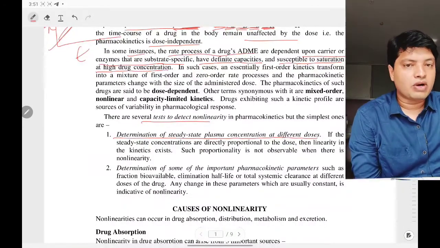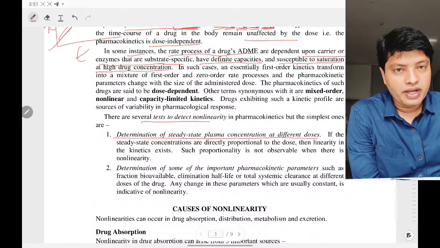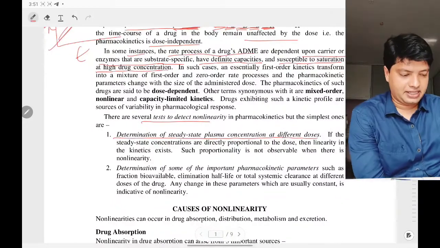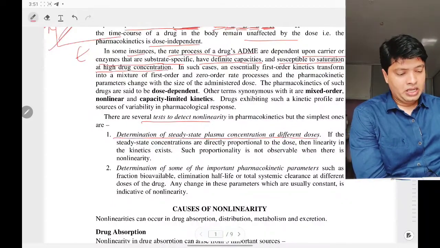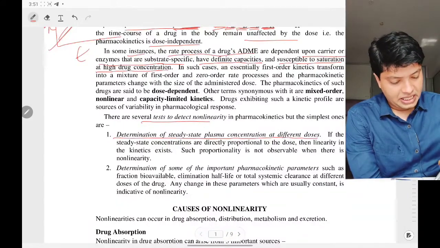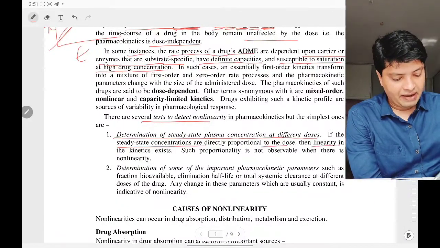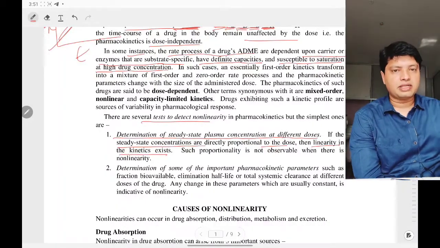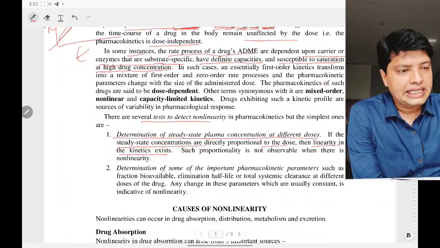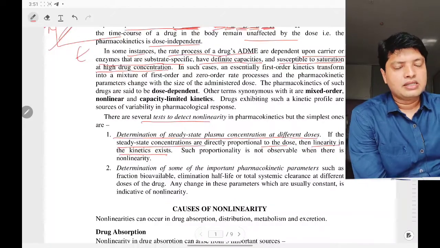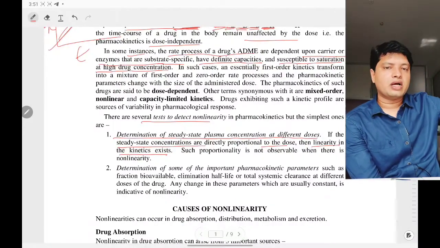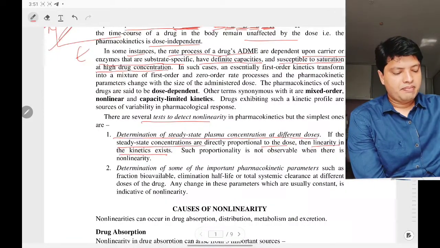This is your steady state plasma concentration when the drug is following linear pharmacokinetics. Okay, if the steady state concentration is directly proportional to the dose, then linearity of the pharmacokinetics exists.